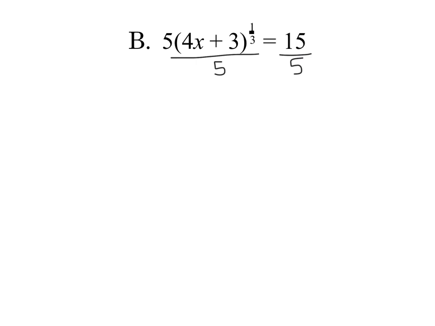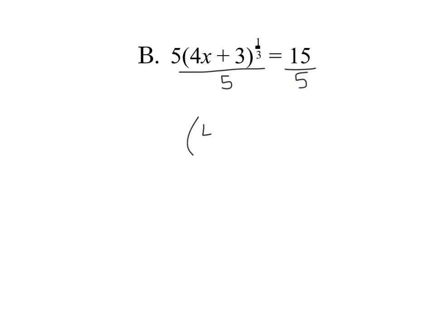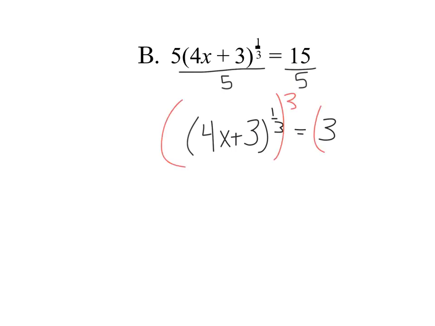And I'm going to get 4x, sorry about that, plus 3 to the 1/3 equals 3. Now if I want to get rid of this exponent, I'm going to raise both sides to the 3rd power. Why does that work?